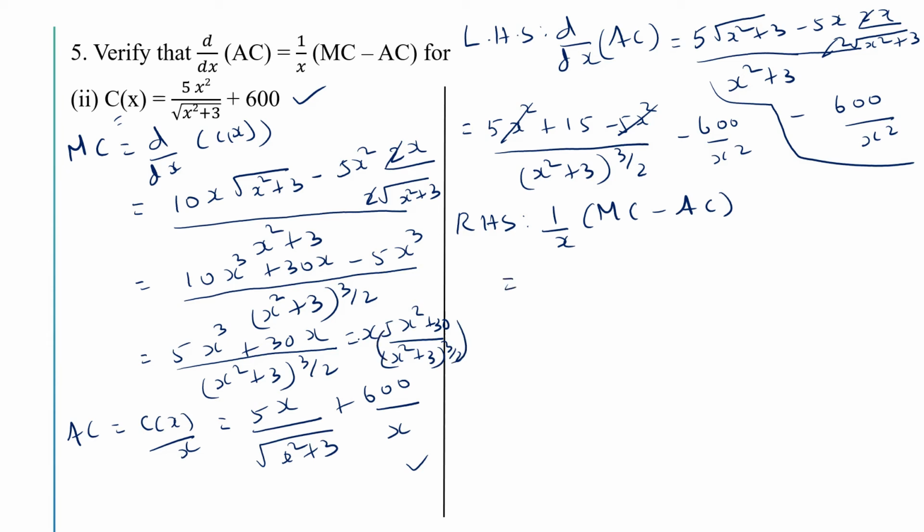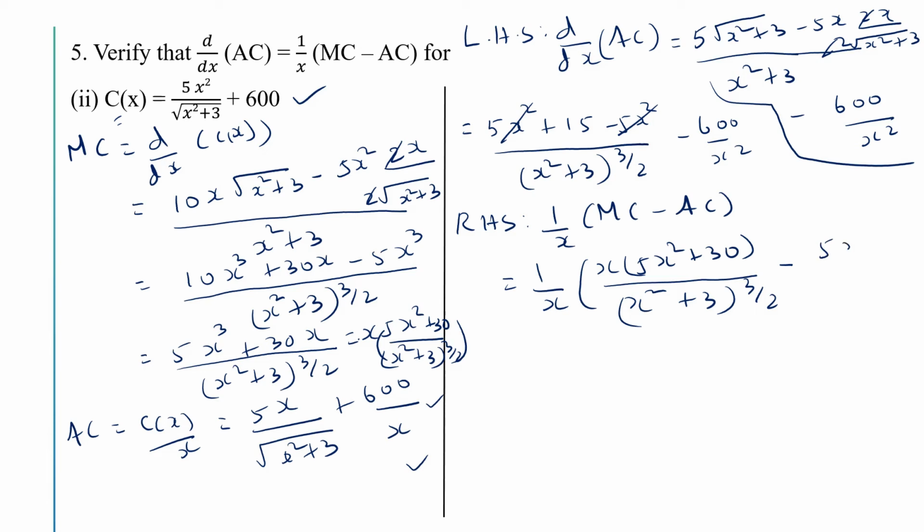So this is equal to 1 by x into marginal cost, which is x into 5x square plus 30 divided by x square plus 3 the whole raised to 3 by 2, minus average cost, which is this: 5x by root of x square plus 3 minus 600 divided by x. So let us take LCM.